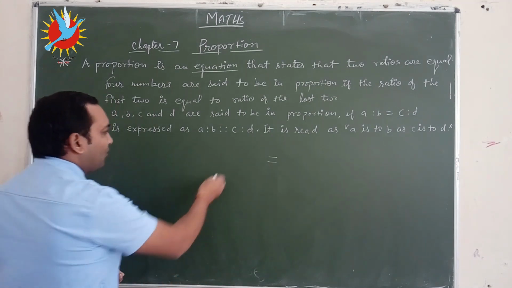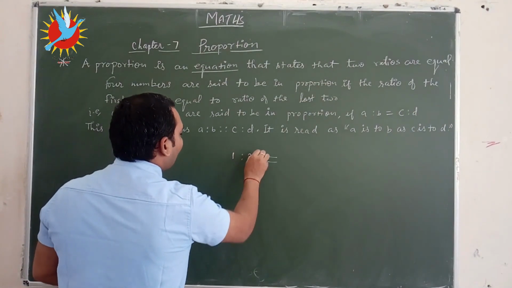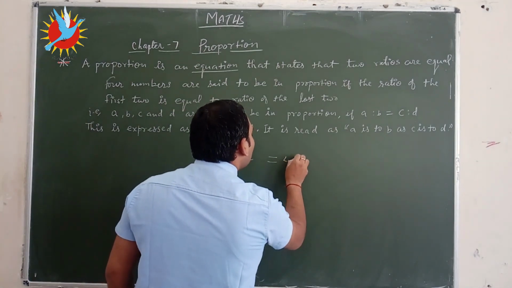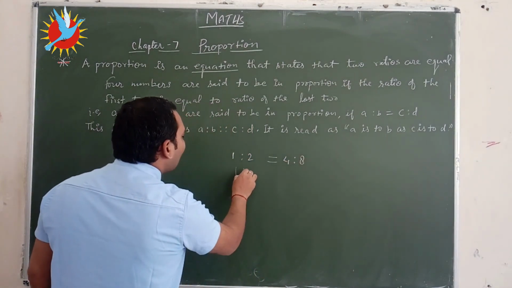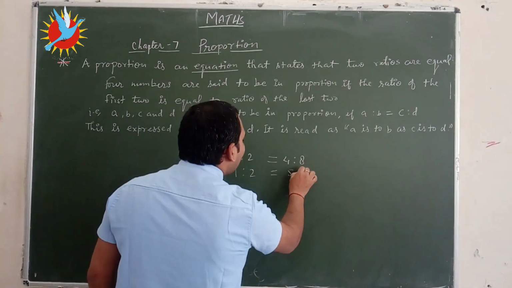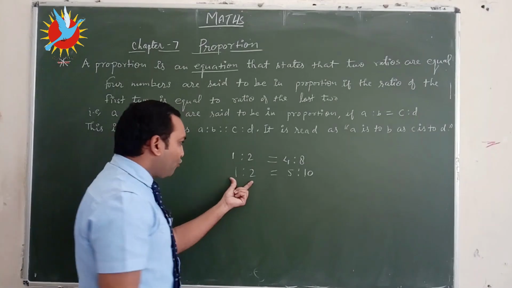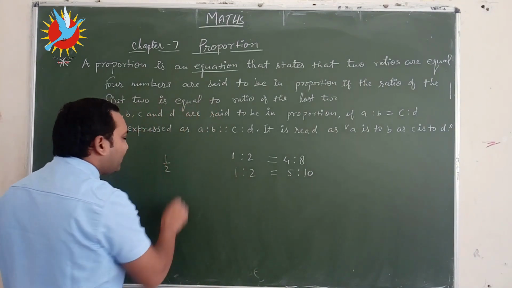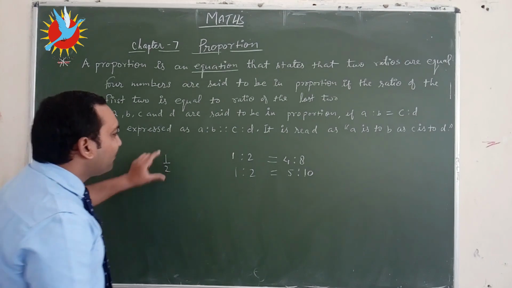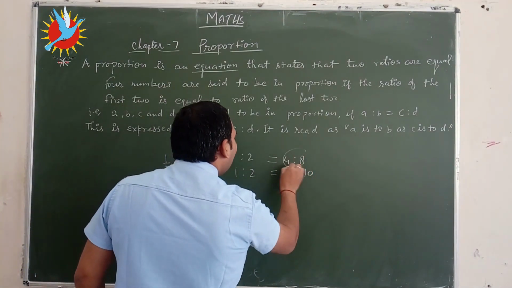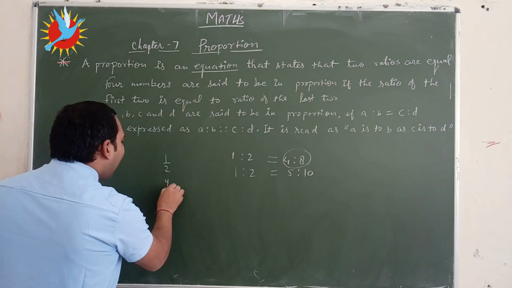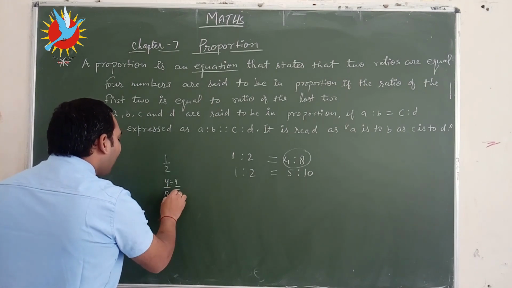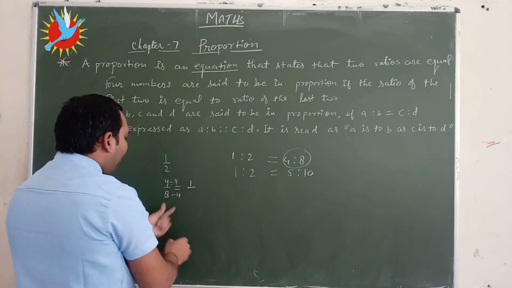For example, 1:2 will be equal to 4:8, or 1:2 is equal to 5:10. Both are equal because 1/2 is already in simplest form. But when we write 4/8 in simplest form, 4 divided by 4 is 1 and 8 divided by 4 is 2.